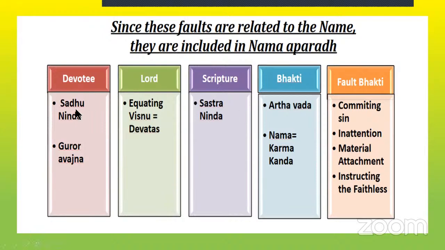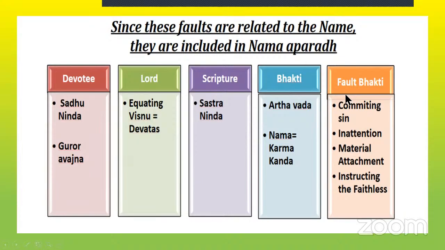So now we have finished the faults against a devotee, the faults against Krishna, such faults in the names, where we do that Nama aparad against the devotee, aparad against the Lord, aparad against the scriptures, and aparad against bhakti, all that we finished. All the 4 categories we finished.